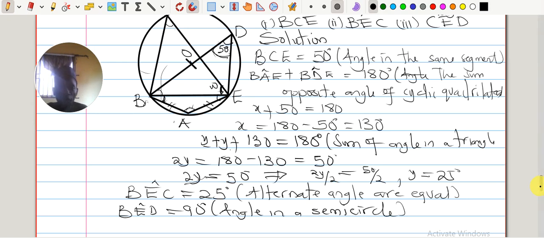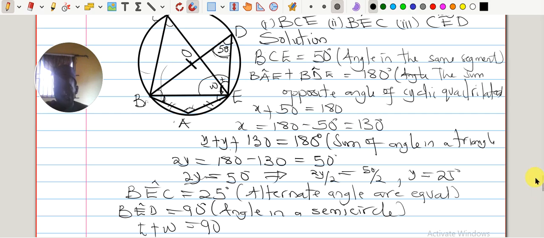Now don't forget that we want to calculate CED, that's our motive. We need to calculate a small portion of this, and the whole of this is 90. Let me call this small t, right? I can say t plus W equals 90. Don't forget, angle in a semicircle is 90 degrees, right?